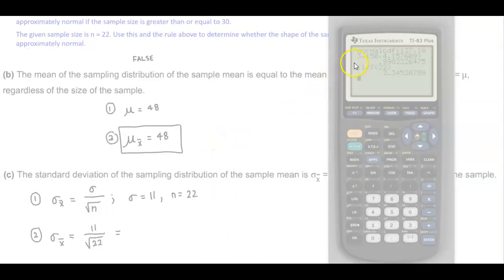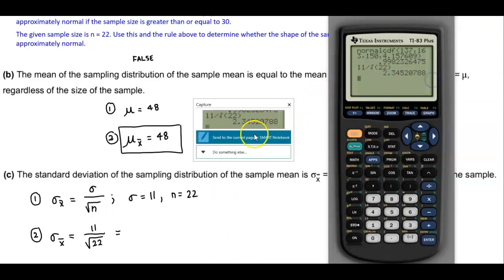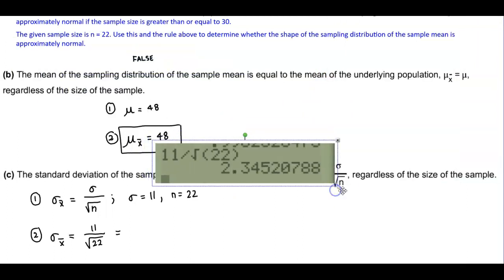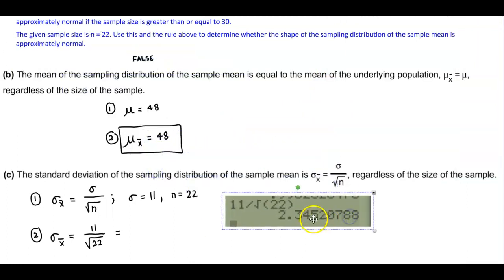That would give us the following standard deviation: 2.34520, and we round that 7 to an 8, and that would be the standard deviation.